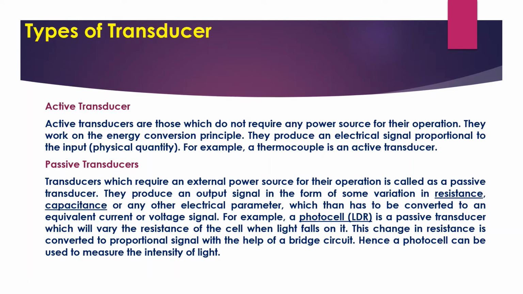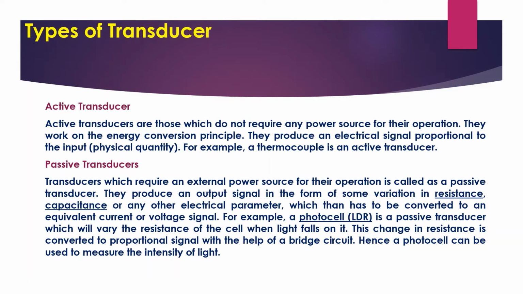Let us go through the proper definition of a passive transducer. A transducer which requires an external power source for its operation is called a passive transducer. They produce an output signal in the form of some variation; as I said, a parameter of the transducer will change. So if resistance is connected as a transducer, resistance will change, capacitance will change, inductance will change, and this change will alter the electrical parameter of the circuit of which they are part.